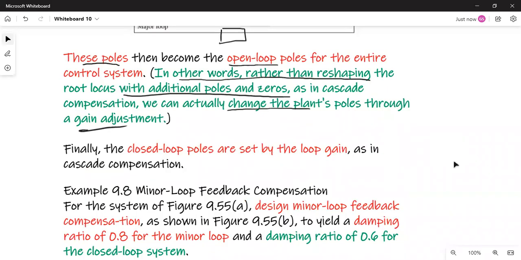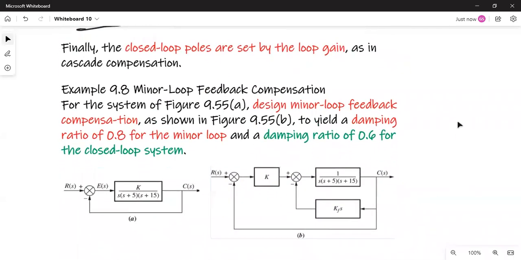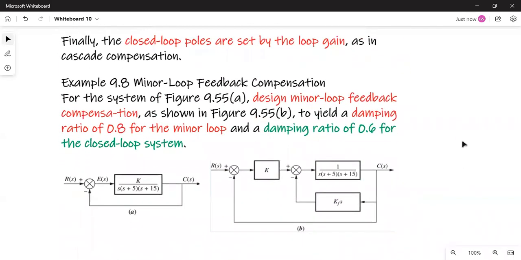What we're trying to say will be explained in detail in your example 9.8, minor loop feedback compensation. This figure 9.11 is simply the given system, which is this one, and the design of the minor loop adjustment is shown in your figure 9.b, which is this one. Basically, this portion will be dealt with first.